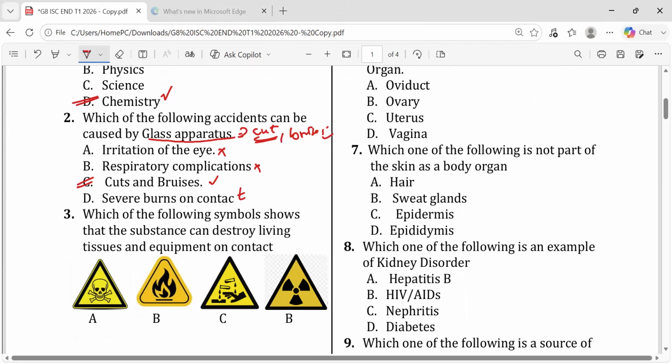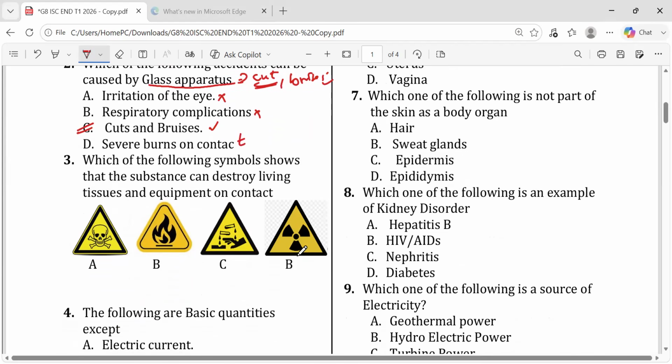Number 3, which of the following symbols shows that the substance can destroy living tissues and equipment on contact? Such a substance must be corrosive, and they must be chemicals. It is the chemicals that are able to destroy living tissues and equipment on contact. So it is not toxic, it is not flame, it is corrosive.